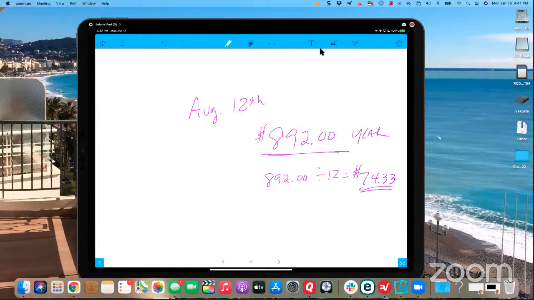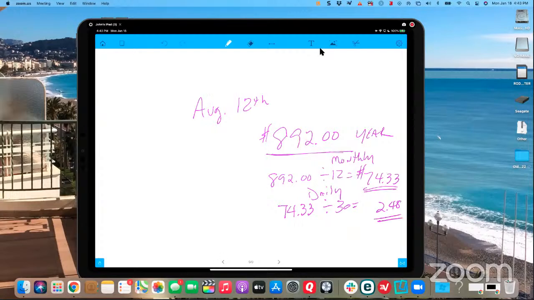This is monthly. Now I'm going to take 74.33 and I'm going to divide that by 30. Just use a 30-day and that'll give you $2.48. This is daily. Okay.